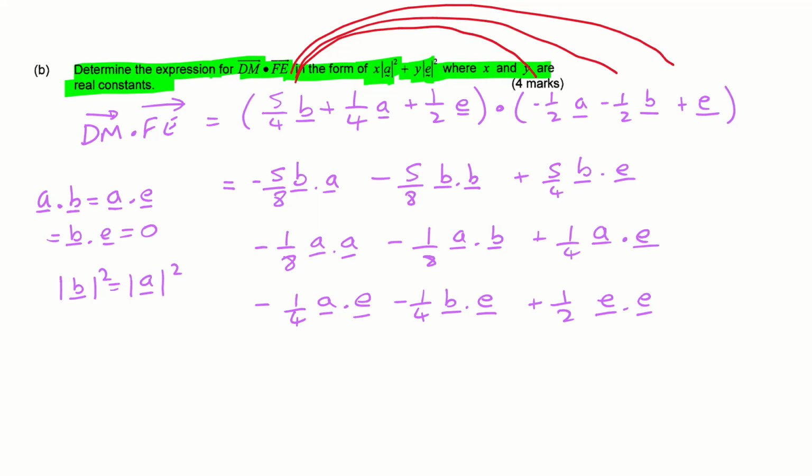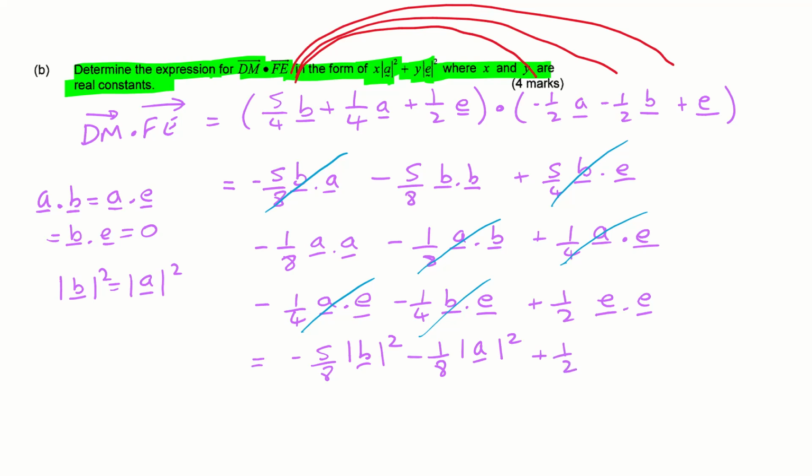Now let's look at all the ones that are actually 0 here. B dot A, B dot E, A dot B, A dot E. Got another A dot E here and a B dot E. So what are we left with? We have got negative 5/8 of B dot B, which is mod B squared, take away 1/8 of mod A squared plus a half of mod E squared.